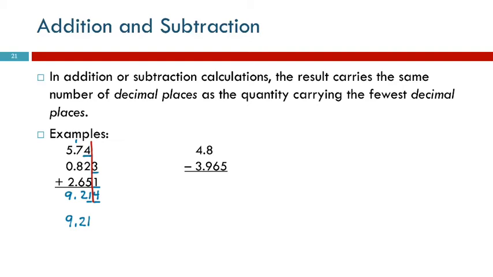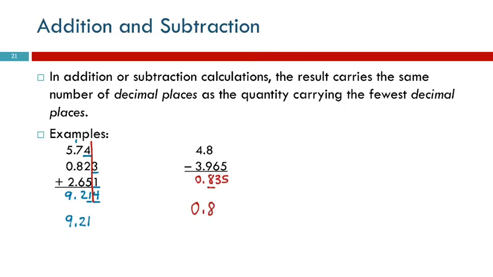Helps if I push the right button. 4.8 minus 3.965. Calculator says 0.835. It should have 1 decimal place. So we record this as 0.8.